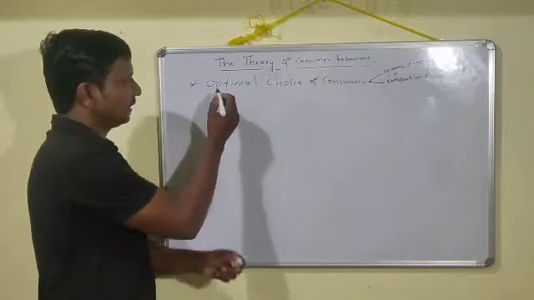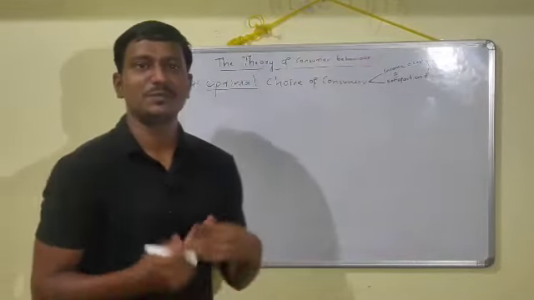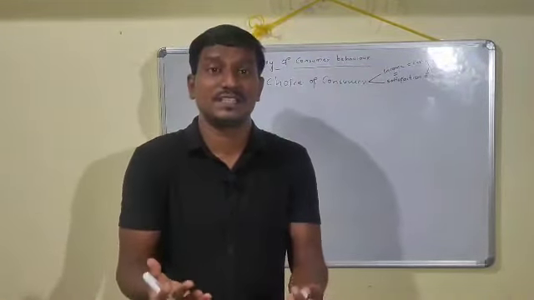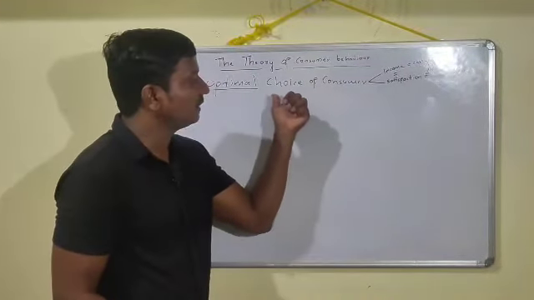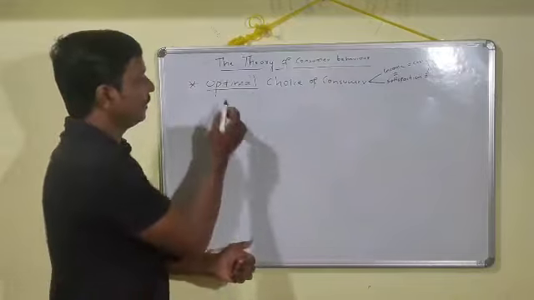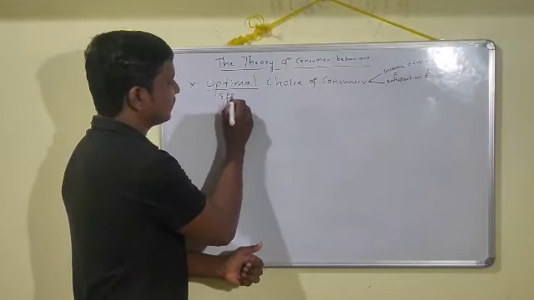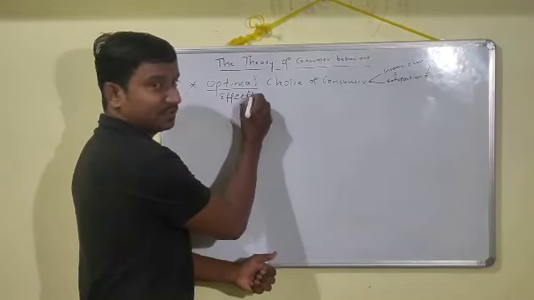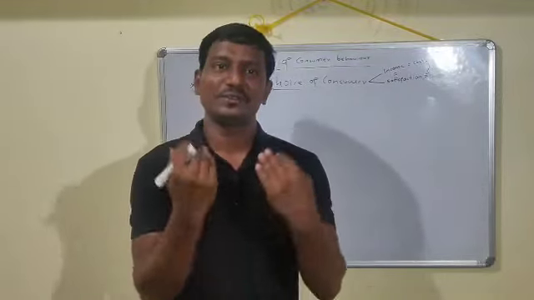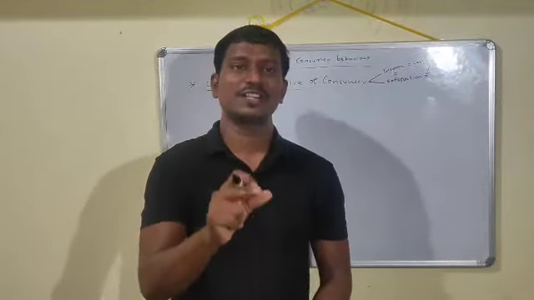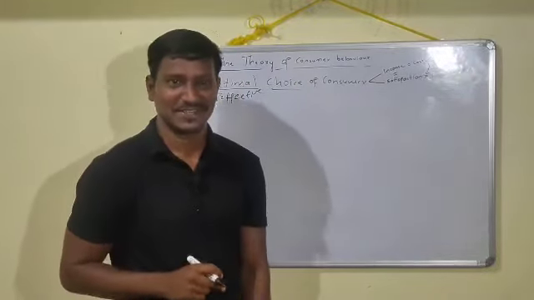Just look at this. Optimal means effective, efficient. We are making an effective choice, which means that within the availability of income we try to get the maximum level of satisfaction.